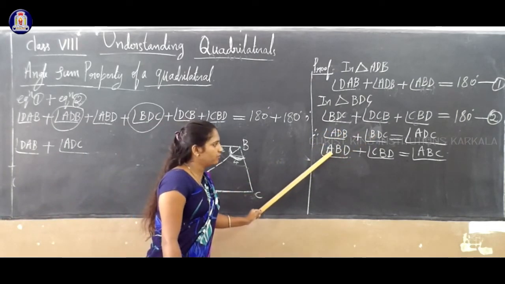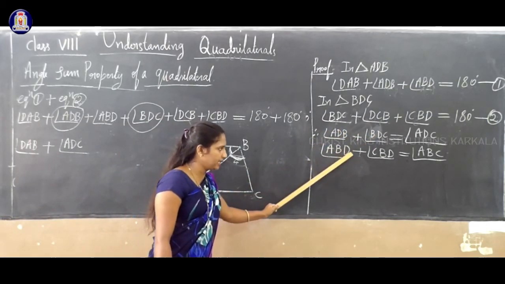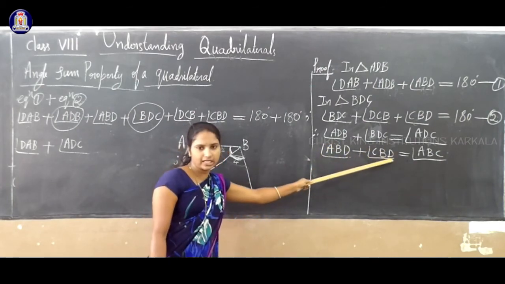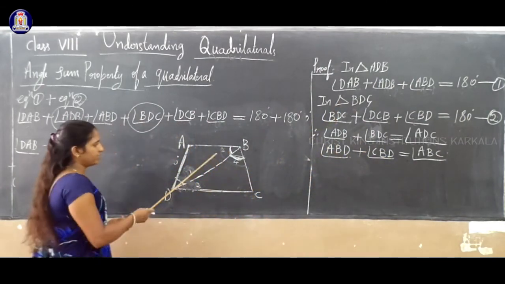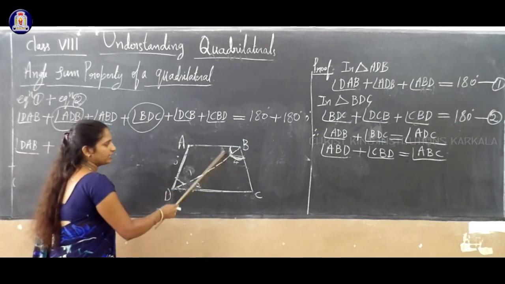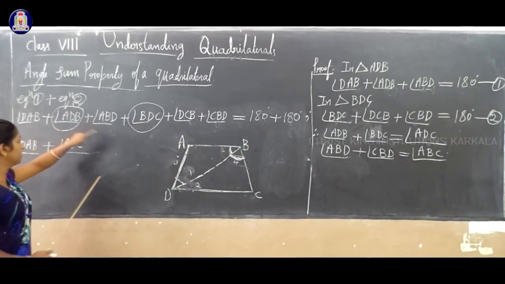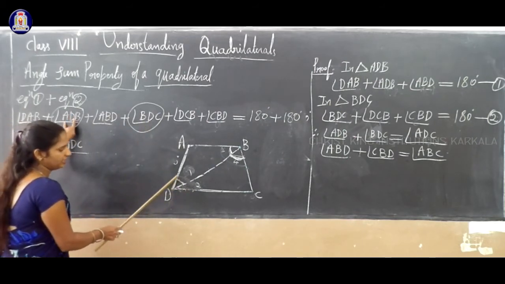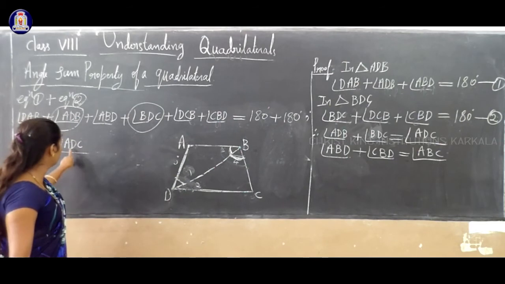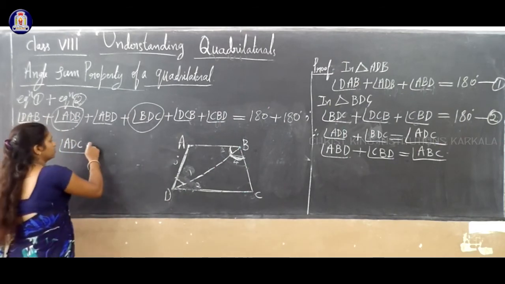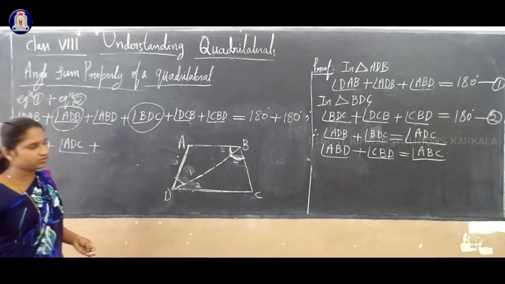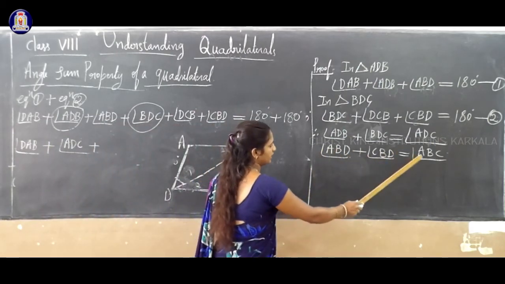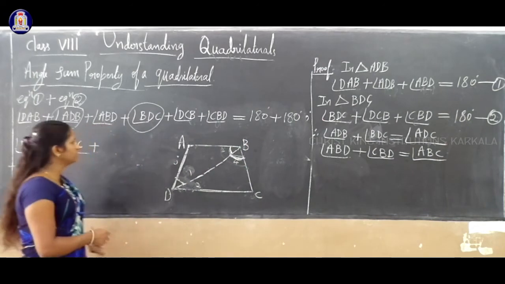Next one more angle, see ABD plus CBD. Why are we adding these two? Because to get angle B. Similarly, why do we add these two angles? Because to get angle B. Clear? So now this is over. Now next you have to add angle B. So ABD plus CBD can be written as angle ABC.